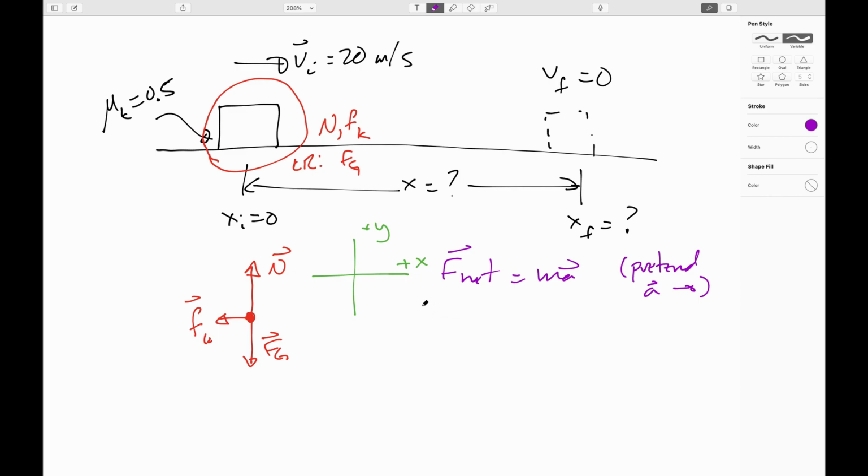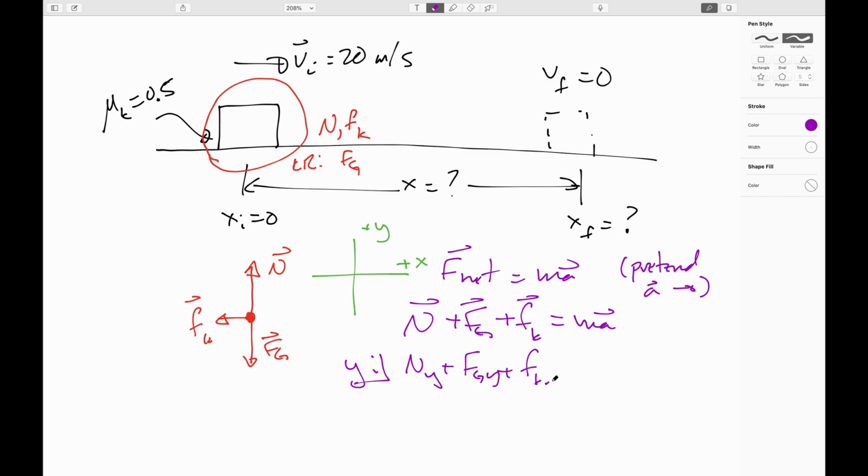All right, so let's do our vector sum of forces here. This will be the normal force plus gravity plus the force of kinetic friction equals ma. We'll start by taking the y components: n_y plus F_gy plus F_ky equals m a_y. Now a_y is 0, so we can put that in right away.